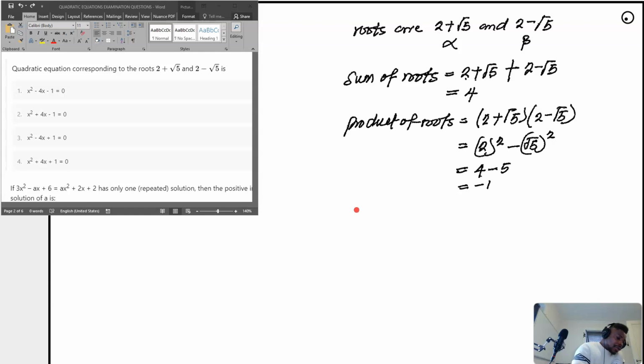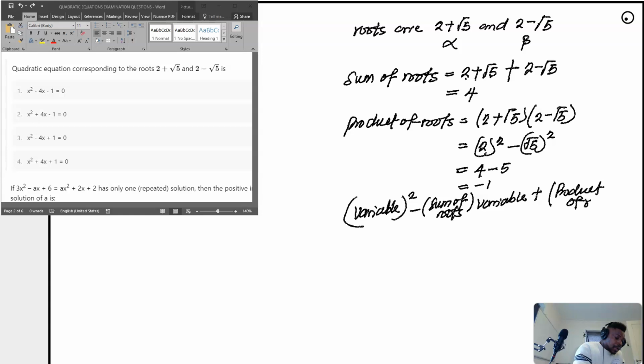So remember, we use variable squared minus sum of roots times variable plus product of roots is equal to 0. Now, what's my variable here? The variable in the option is x, so we already know variable is x.